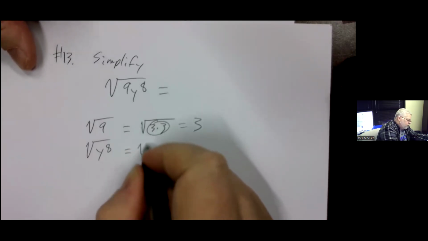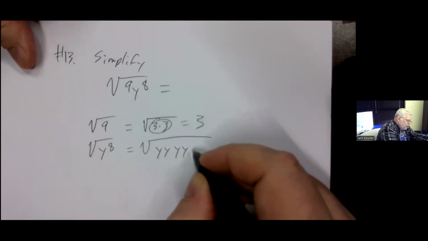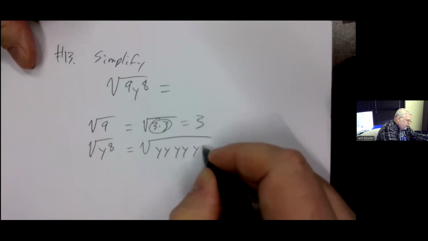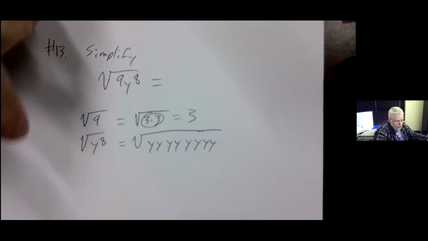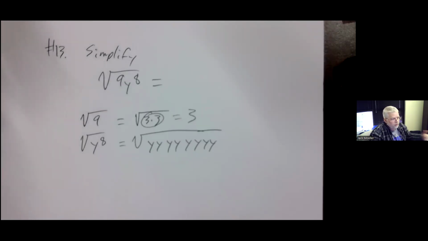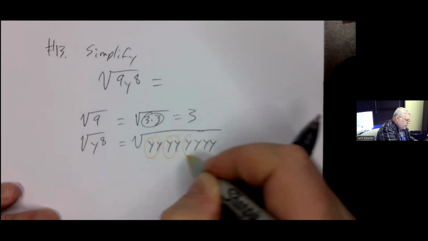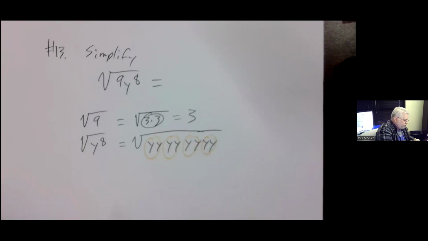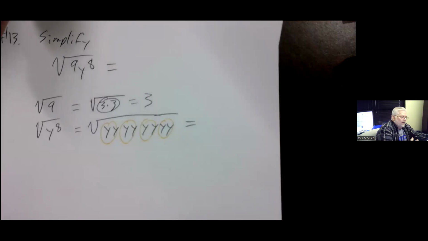What about the square root of y to the 8th? We're doing the grouping method. We need 8 y's: 1, 2, 3, 4, 5, 6, 7, 8. Now we're doing square root, so for square root, you want groups. The group is a pair. So there's a pair, a pair, a pair, a pair. So what is outside the radical?